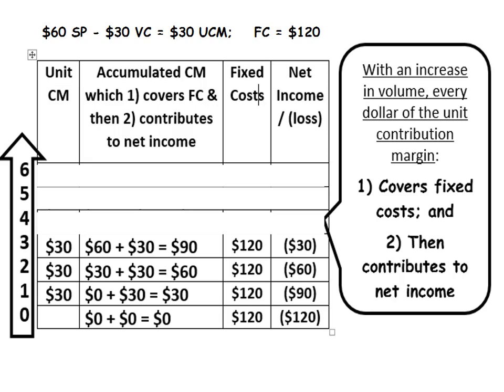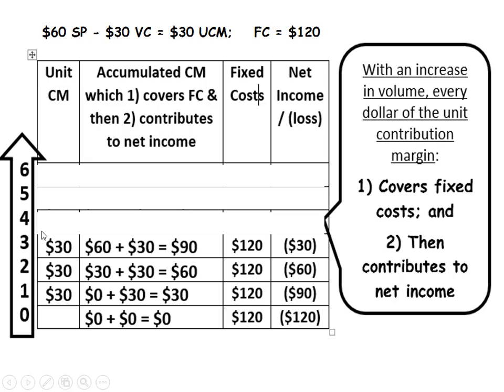Now I add another $30 of contribution margin to represent the third item in my volume, and now my accumulated contribution margin is $90. Then I apply the $90 against my fixed costs, and again I still don't have enough contribution margin to equal my fixed costs, so I have a net loss of $30.